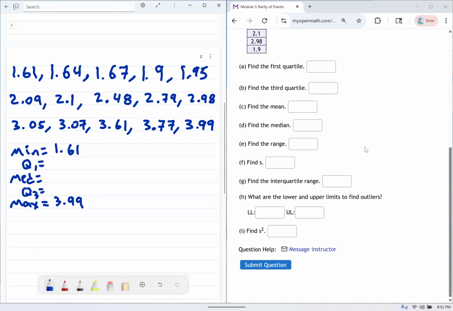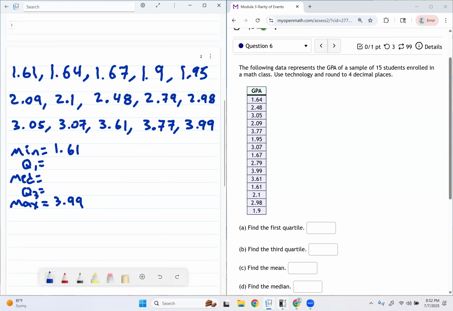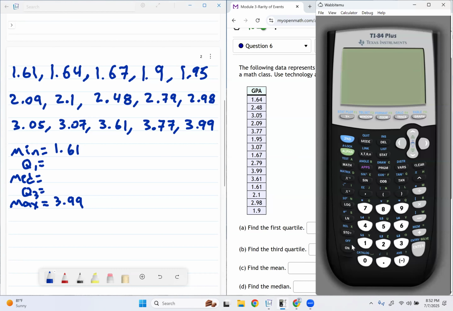I have 15 numbers in this data set, and if I do 15 divided by 2, and I'm going to type this into a calculator, trying to cut this in half, it gives me 7.5, or 7 with the remainder of 1.